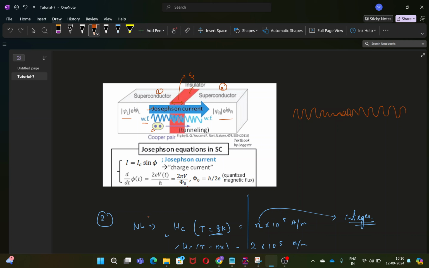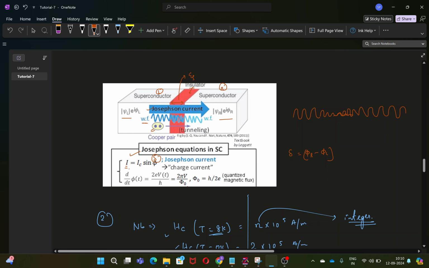And these are the main two Josephson equations of superconductors. The first one is for the current. It can be also written as I, or if you want to write in current density, then you can use J. So this is I equal to IC sine delta. Instead of phi, we are denoting it by delta for lesser confusion, because delta is just phi r minus phi l. So they are meaning the same thing, and we will rather use delta.